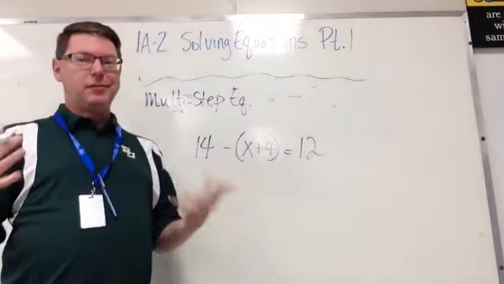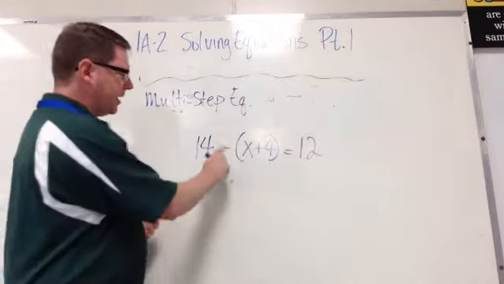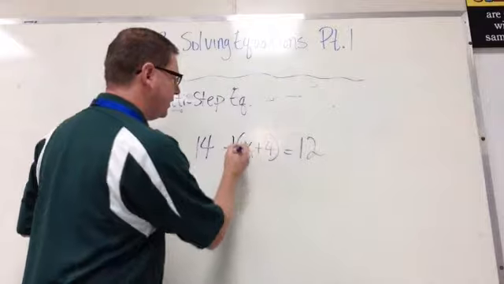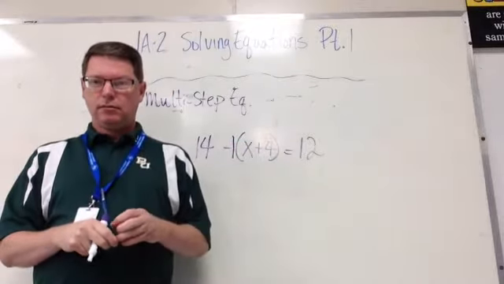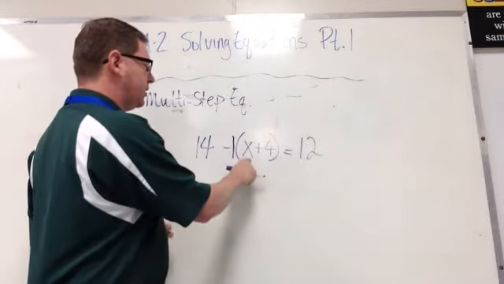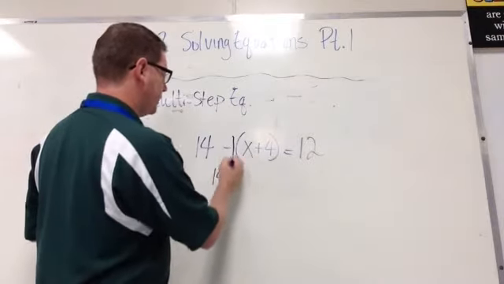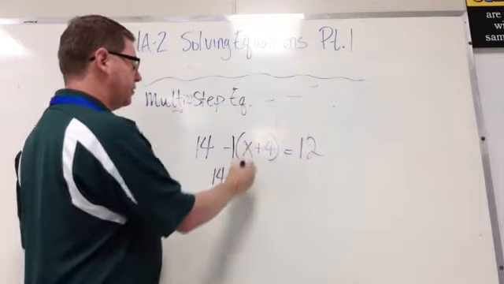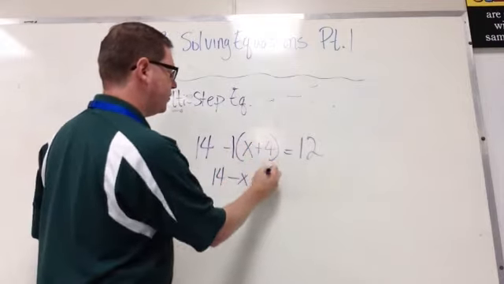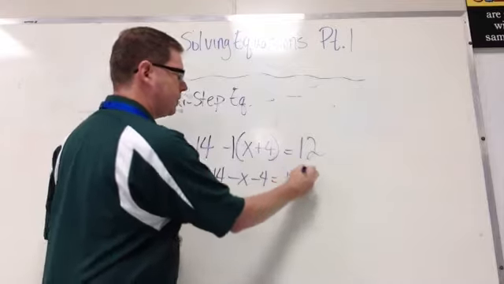I still have a little bit of the distributive property because I have a minus here in front of the parentheses, which actually means, remember, we got negative 1 there. 14 minus 1 times the quantity of x plus 4. That would be 14, and then I'm going to distribute. Negative 1 times x is negative x. Negative 1 times 4 is negative 4 equals 12.